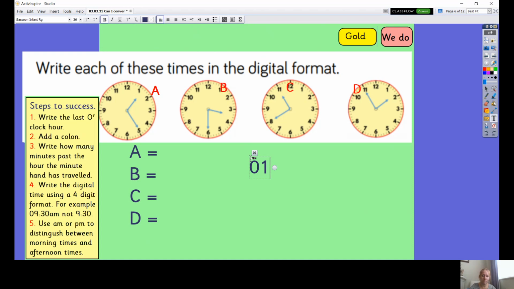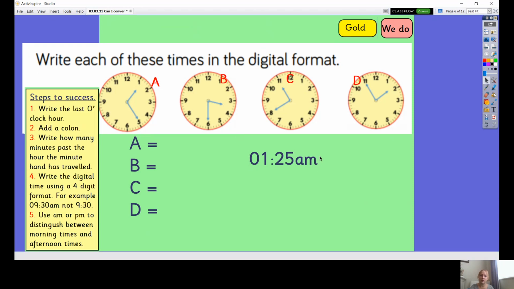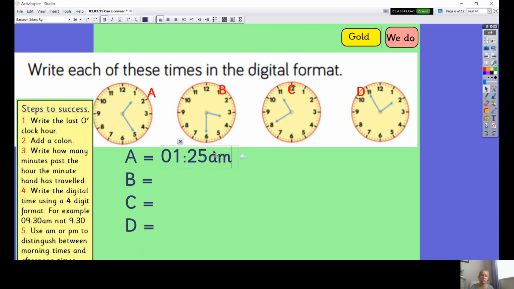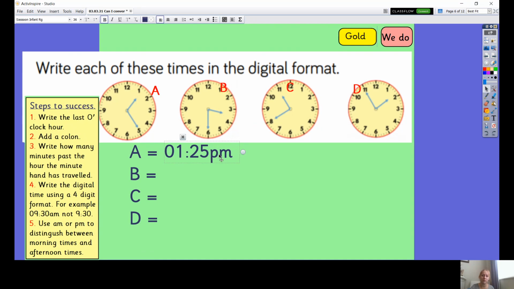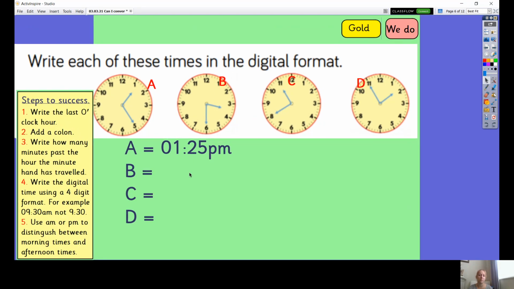I'm going to have 01, colon, and then how many minutes past? I can see it's 5, 10, 15, 20, 25 minutes past. Okay, so it's 01:25, and it doesn't matter if you write AM or PM. I don't mind. Again, you might have said PM, I suppose, because you're more likely to be awake looking at the clock. Doesn't matter though, it can be AM or PM.